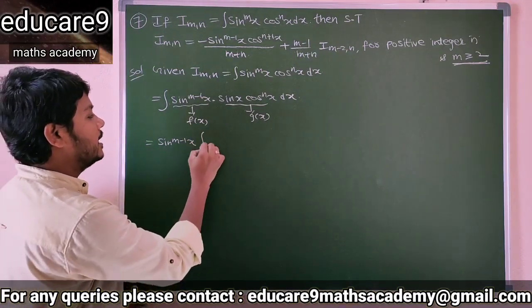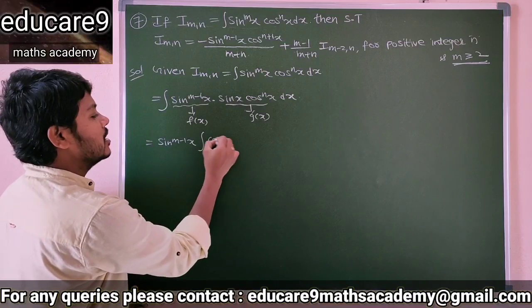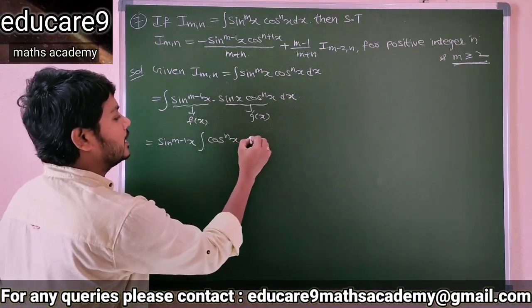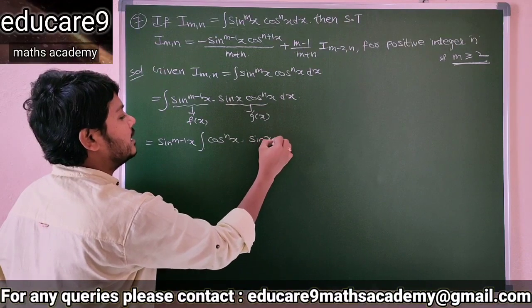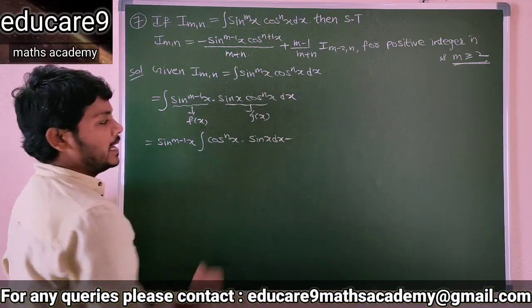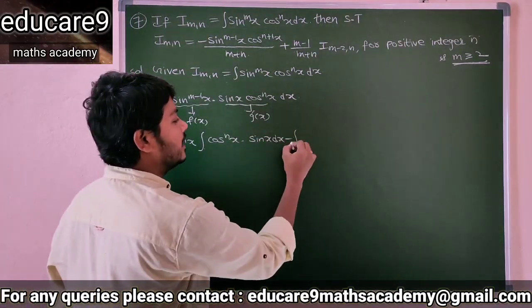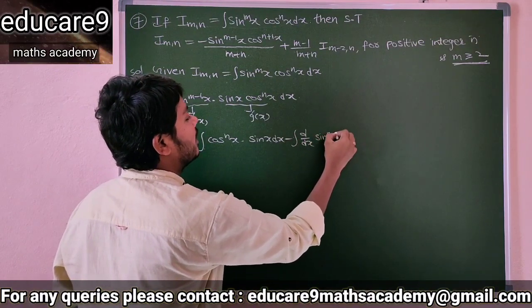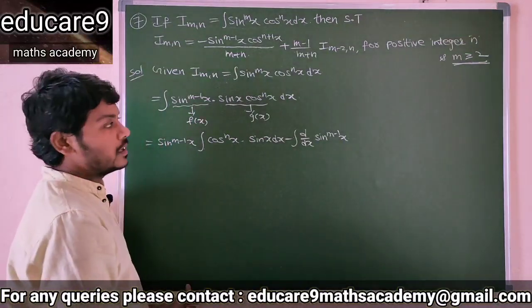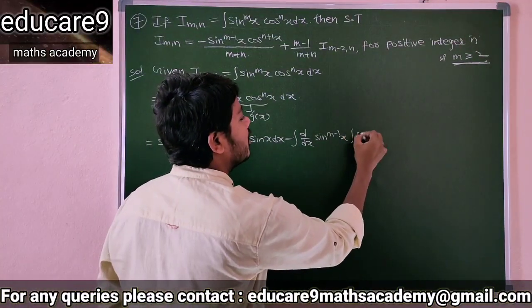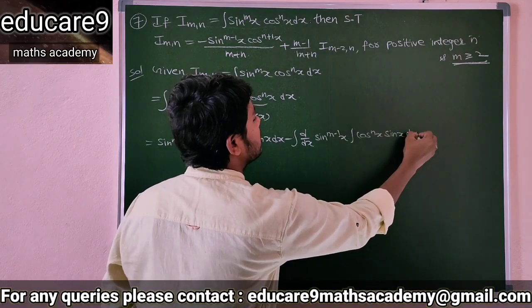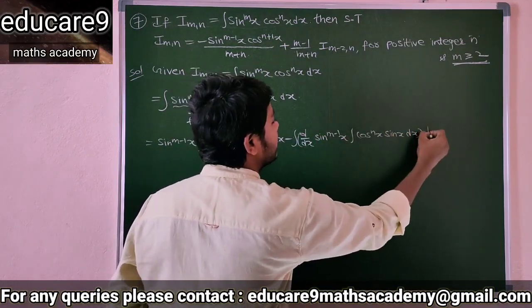See here, integration of this can be written as cos^n x into sin x dx, minus integration of d by dx of sin^(m-1) x into integration of cos^n x sin x dx, whole dx.